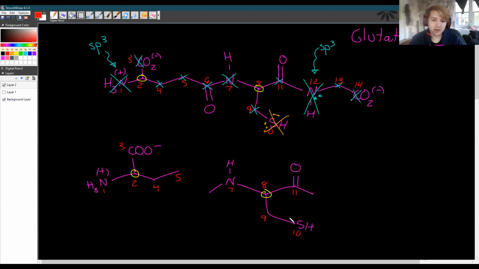Cool. So now that we have these drawn out, we can talk about them specifically and make a shopping list. So for carbon 2, what are the 4 groups that we have bonded?